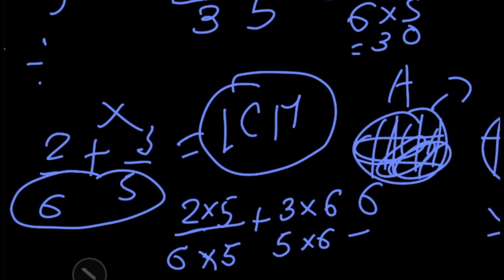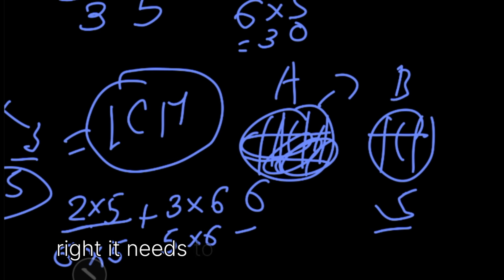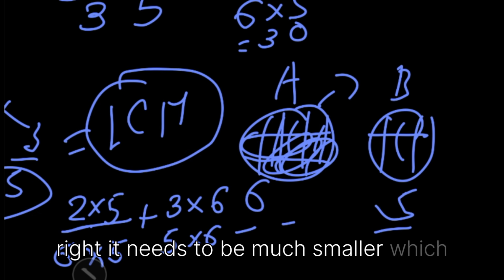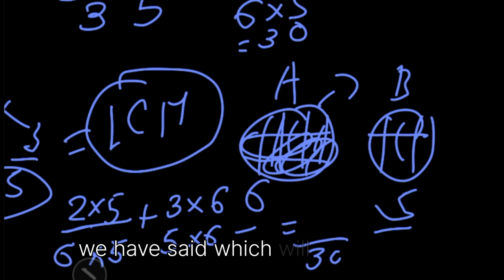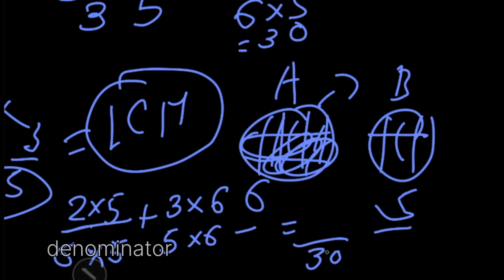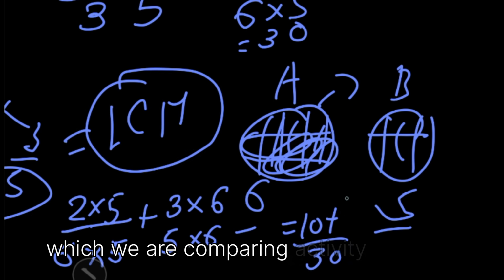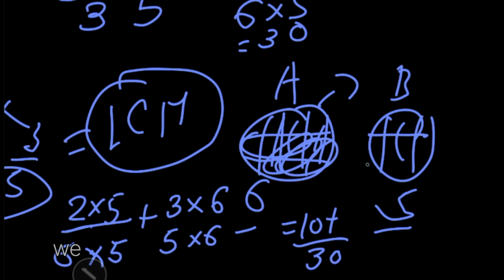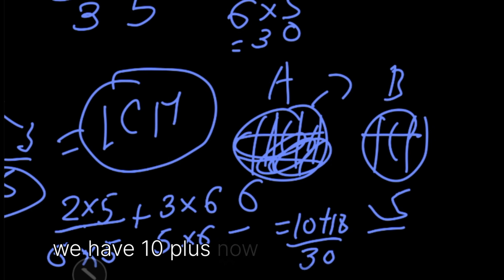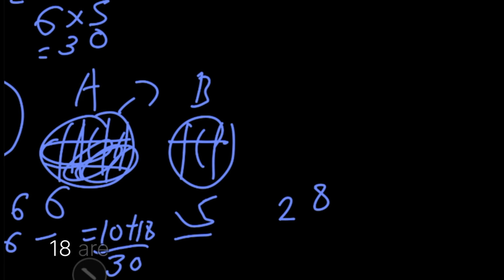It needs to be much smaller, which will give us the denominator, 30 pieces, the same for both. And we have 10 plus, now 3 into 6 is 18, I think, right? We have 28 by 30.